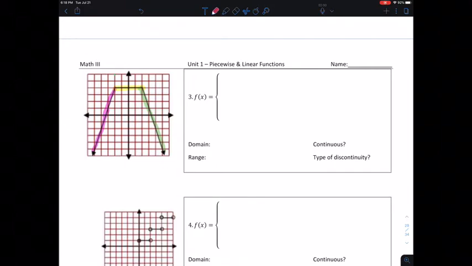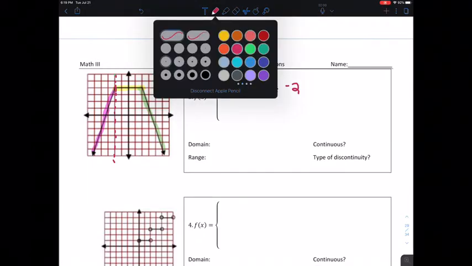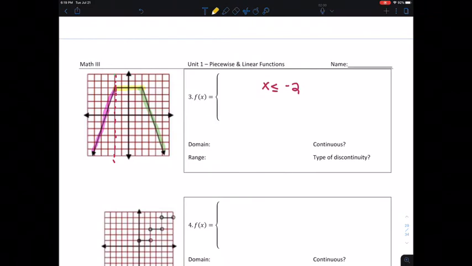Part A is defined when x is less than or equal to negative 2. So that one's found when x is less than or equal to negative 2. The middle part, the yellow part, is defined between negative 2 and positive 2. So it's defined between negative 2 and positive 2.